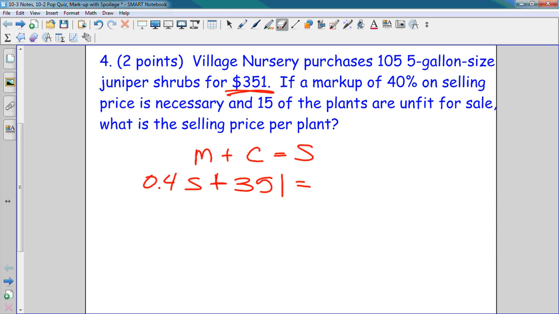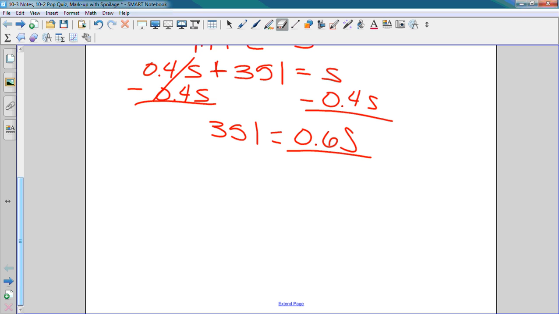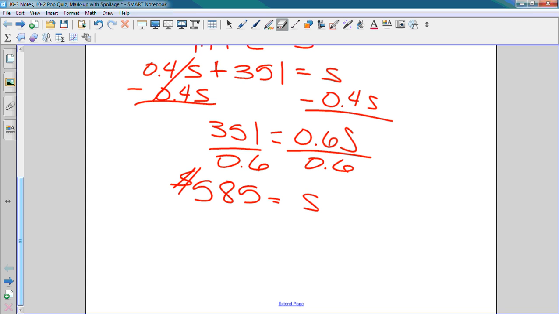Now I have one variable, so combine like terms. I get 351 equals 0.6s. How do I solve for s? What do I get? $585. So I know in order to make a 40% profit, I have to get $585 for my juniper trees.